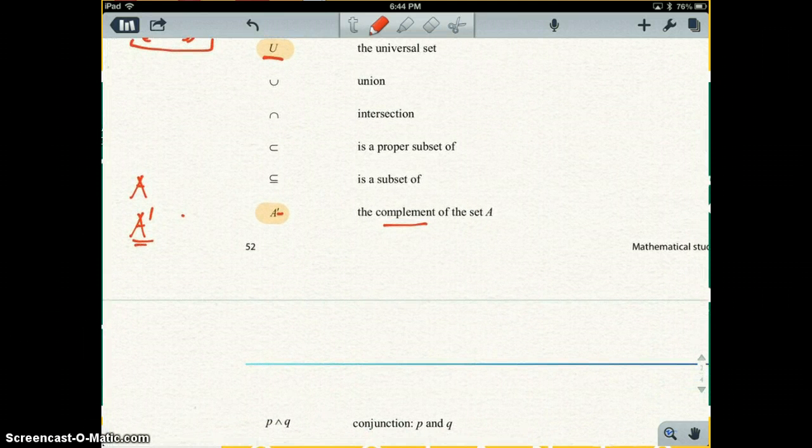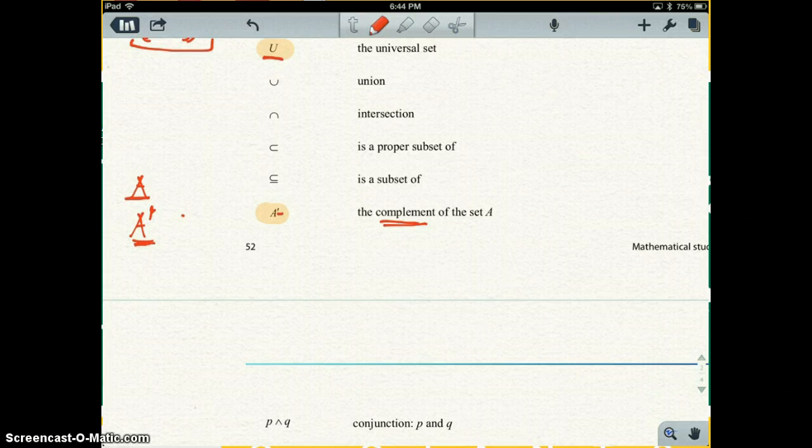If you have the set A, for example, animals with 4 legs, animals that are not in set A, or animals that don't have 4 legs, are going to be in the complement of A. The way you write the complement of A is you write A, and then you put a prime on it, this little single quote.